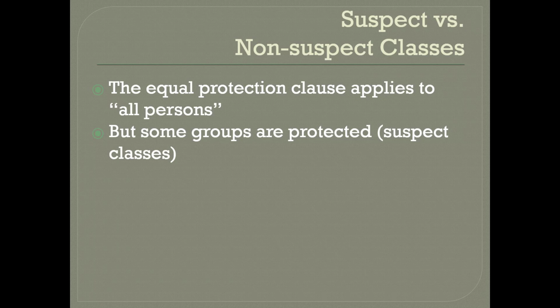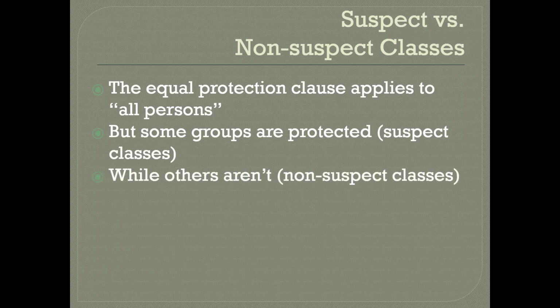Certain groups do receive legal protection from the 14th Amendment, and we call those groups suspect classes. While there are other groups that don't receive any protection from the 14th Amendment. These are known as non-suspect classes, and it is constitutional for the government to discriminate against these classes of individuals without violating the 14th Amendment.